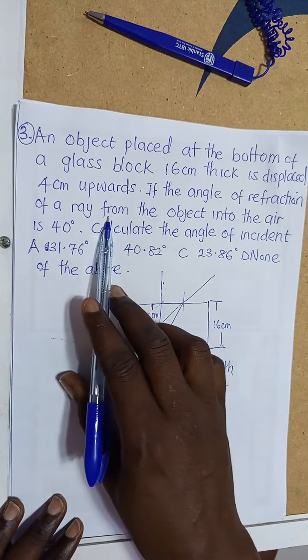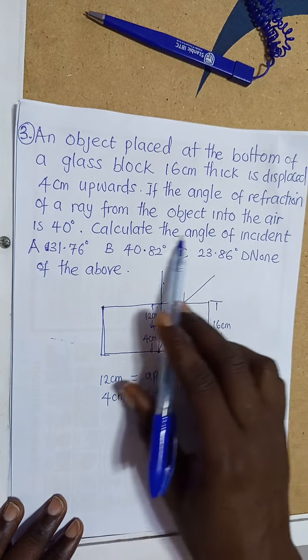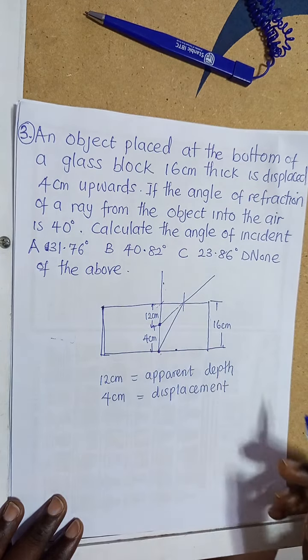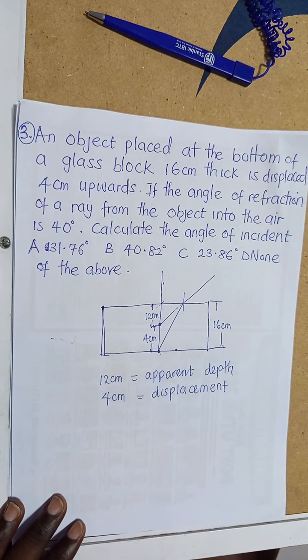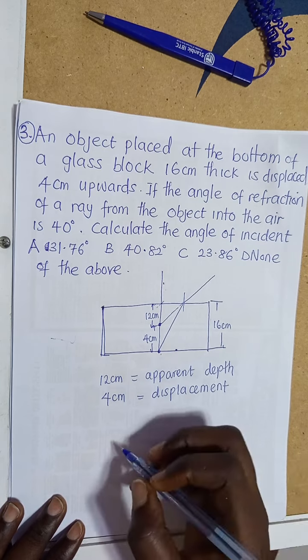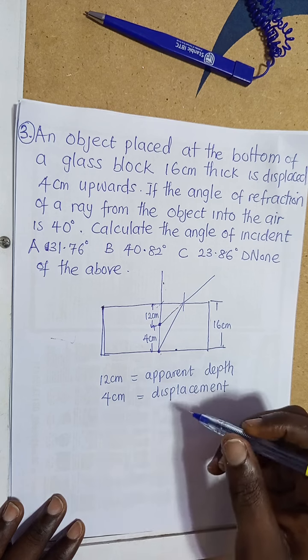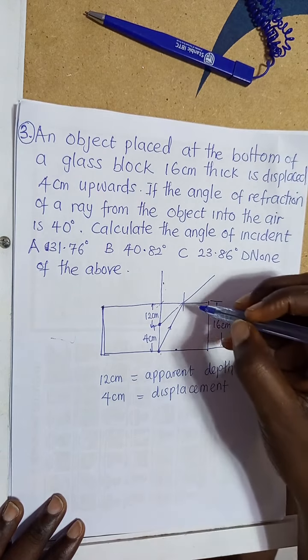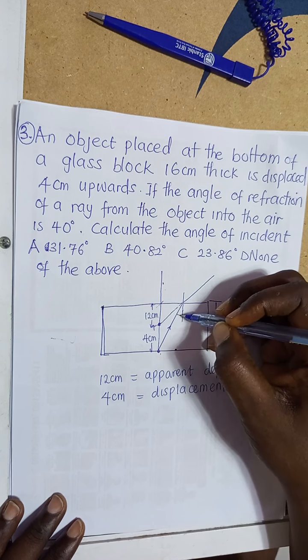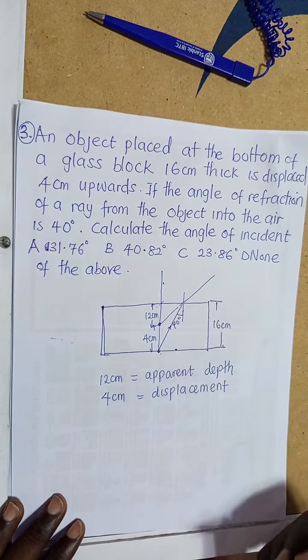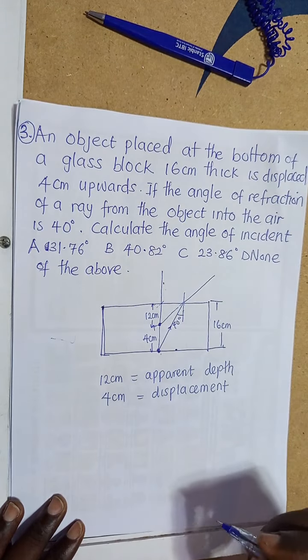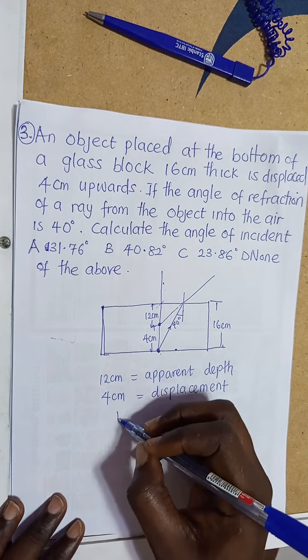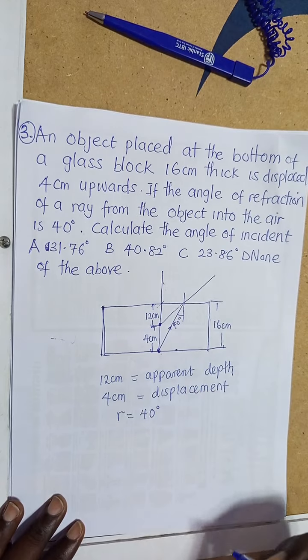If the angle of refraction of the ray from the object into the air is 40 degrees, calculate the angle of incidence. So if the angle of refraction is 40 degrees, then what is the angle of incidence? That's what we are looking for.